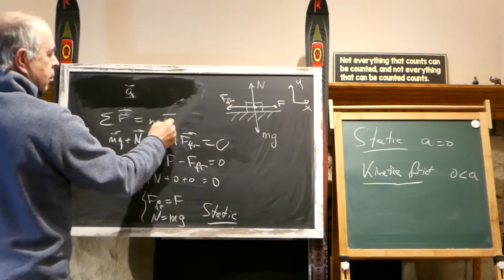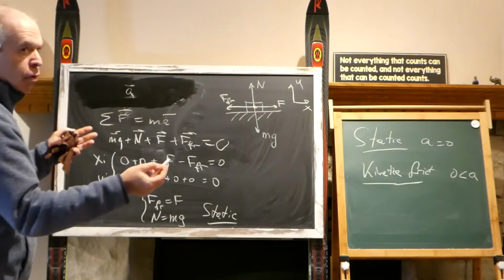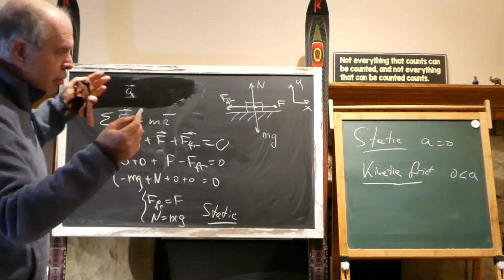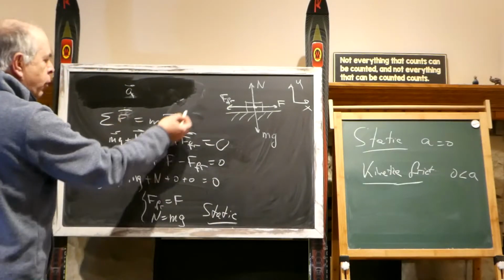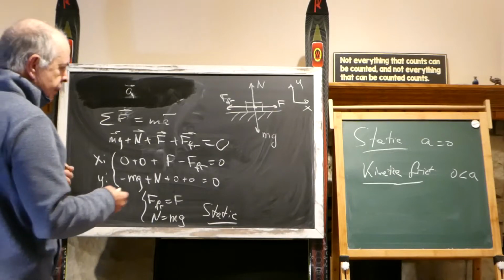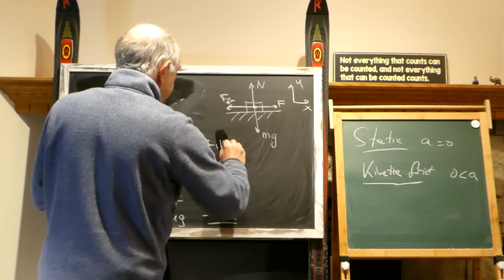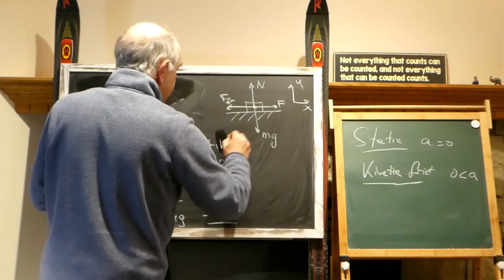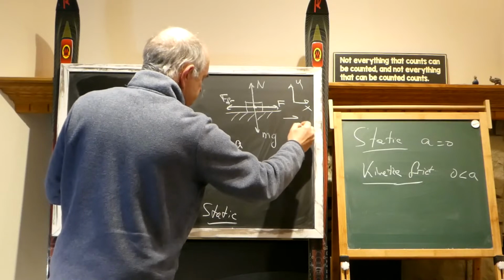This is all still valid because the second law of motion doesn't depend on those little things, whether it's moving or not. The sum of all forces is equal to ma, mass times acceleration. But here there would be ma. And of course, if I push with F, A goes here.